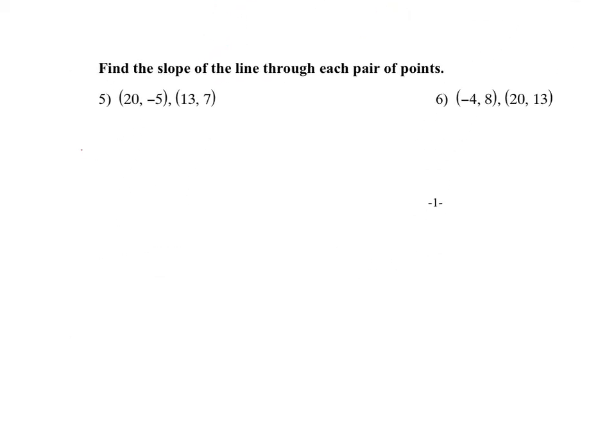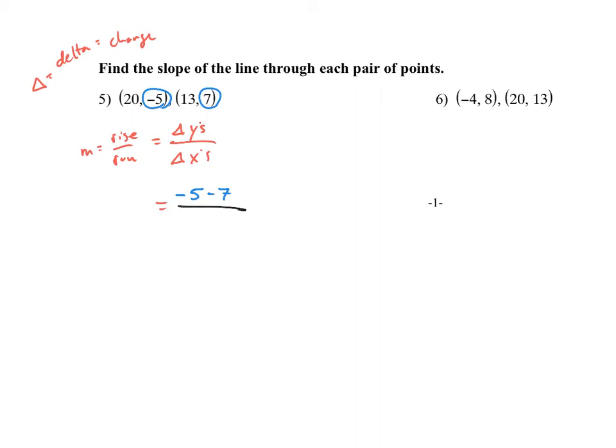Well, slope is rise over run. The rise is the change in the y's, right? That little triangle. His name is delta. He means change. So change in the y's over change in the x's. So here are the y values, and you find the change by subtraction. -5 minus 7 over.